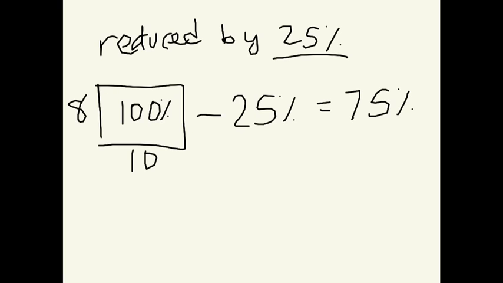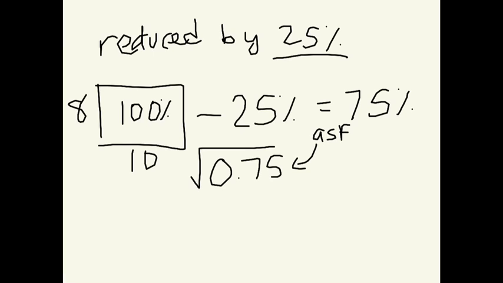Turning this into a decimal, you have 0.75. This right here is currently your area scale factor. To turn it into a linear scale factor so we can use it for dimensions, you have to take the square root of that. Okay, so the square root of 0.75 is about 0.866, so on and so forth. Alright, you're going to multiply this linear scale factor by both 8 and 10.